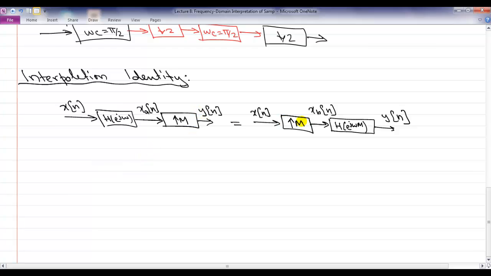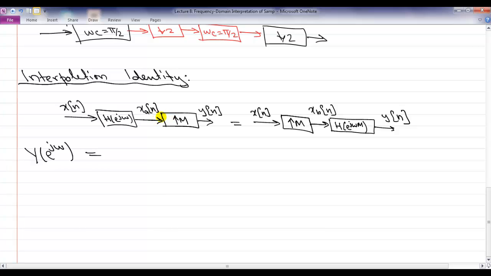Again, the proof of this is rather simple. If we look at the Fourier transform of y[n], Y(e^{jω}), that is simply the expanded version of x_a[n].